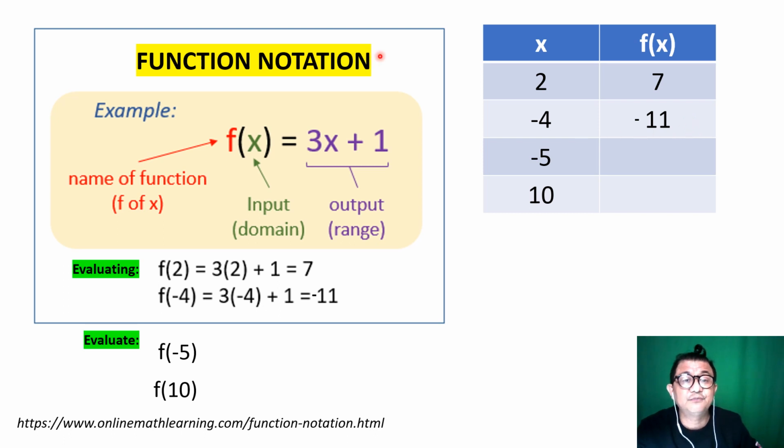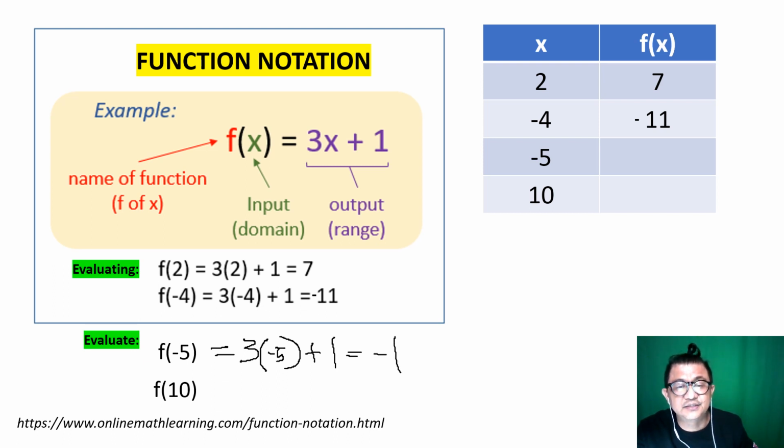Now, knowing the function notation or the function rule can help us predict the other outputs or results. So let's solve it over here so that it will still follow the rule. I told you a while ago, if you follow the rule, your outputs will be correct. Your desired output will be satisfied. So 3 times -5, which is -15, plus 1. -15 plus 1 is -14.